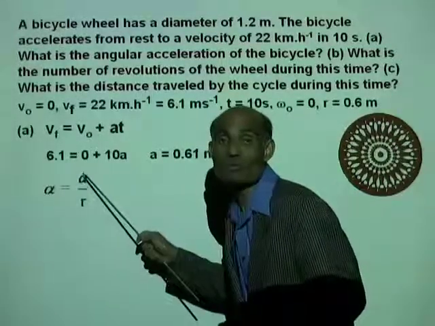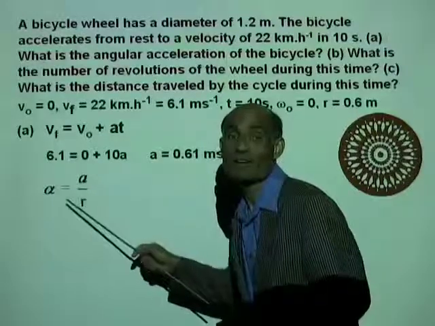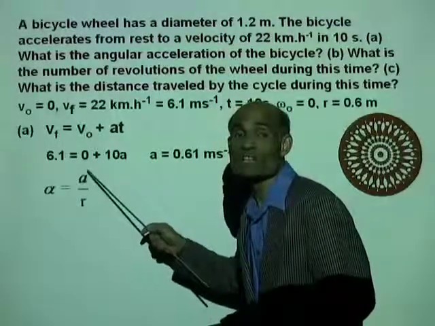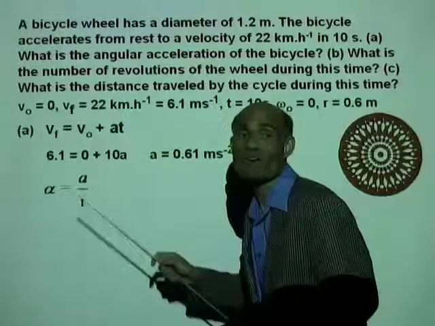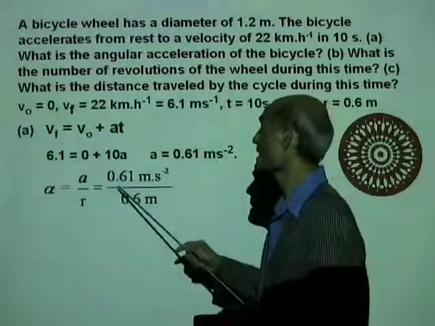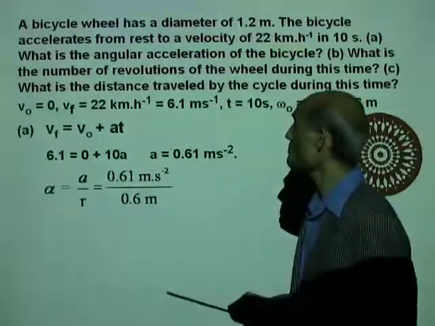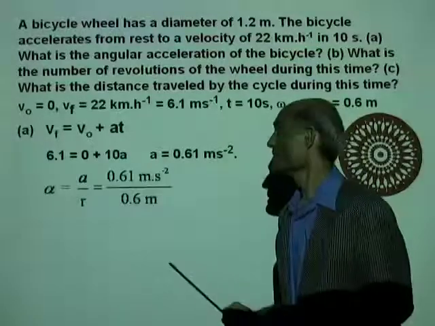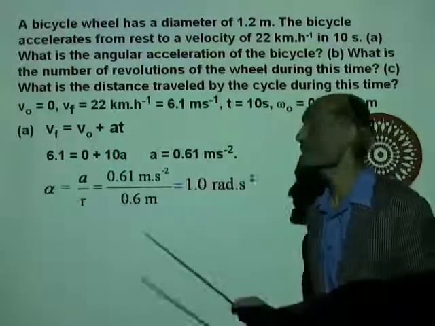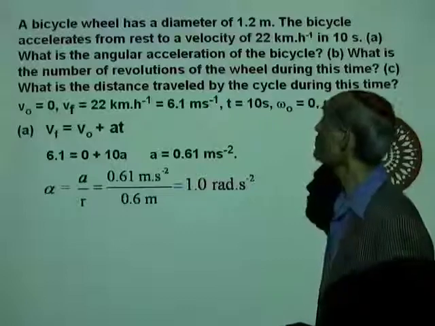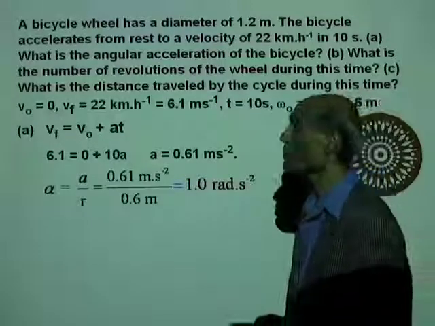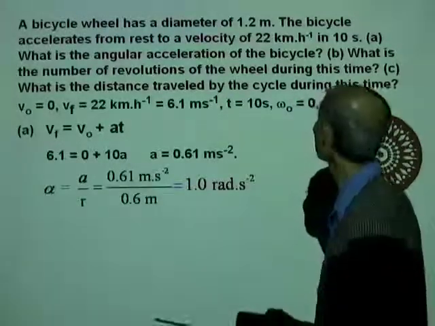Therefore, alpha equal to a over r. Angular acceleration is linear acceleration divided by the radius. That is 0.61 meter per second squared divided by 0.6 meter. That is 1 radian per second squared is the angular acceleration.